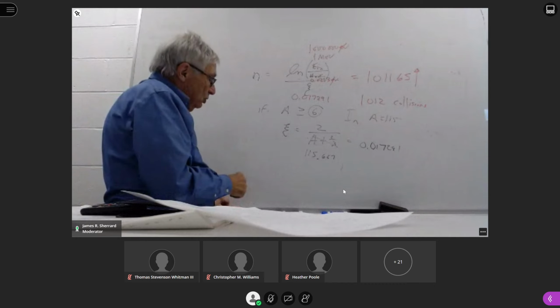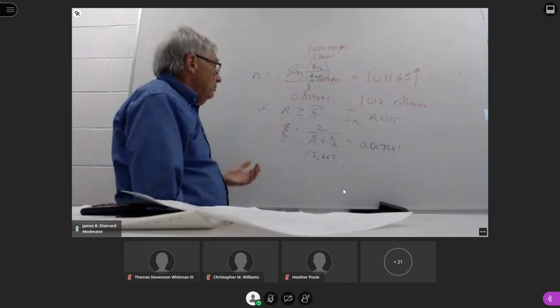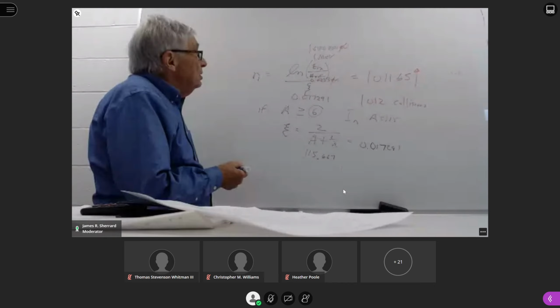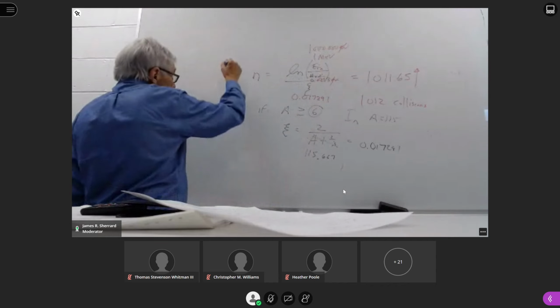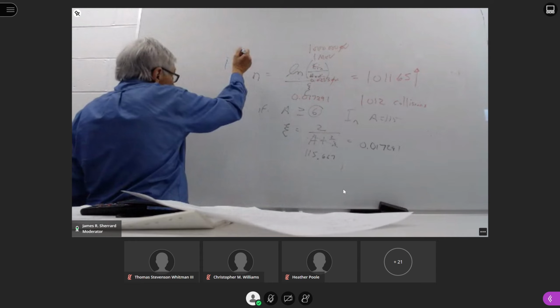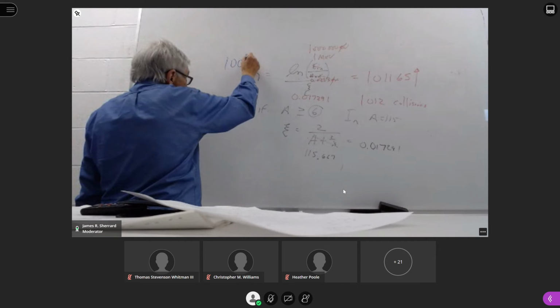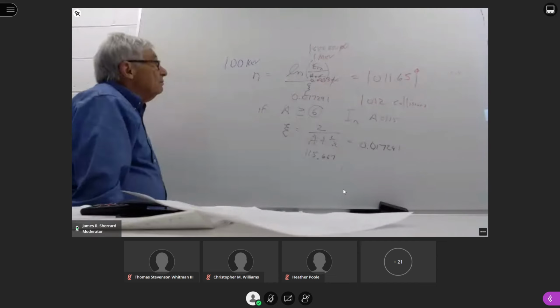You don't always have to use this equation just to take an energy to thermal value. I could have asked you, how many collisions does it take on average to reduce a 1 MeV neutron to a 100 keV?